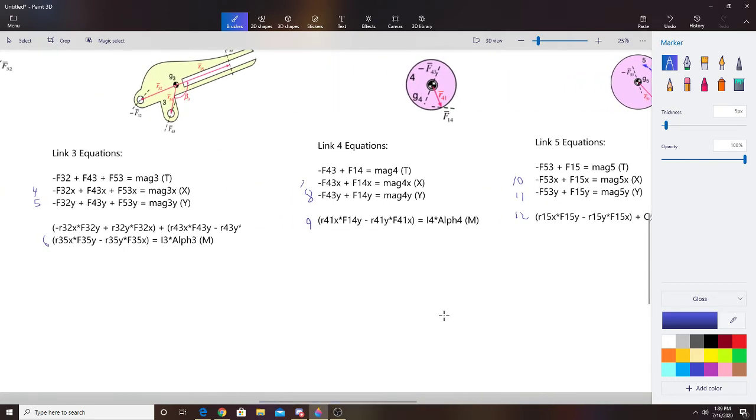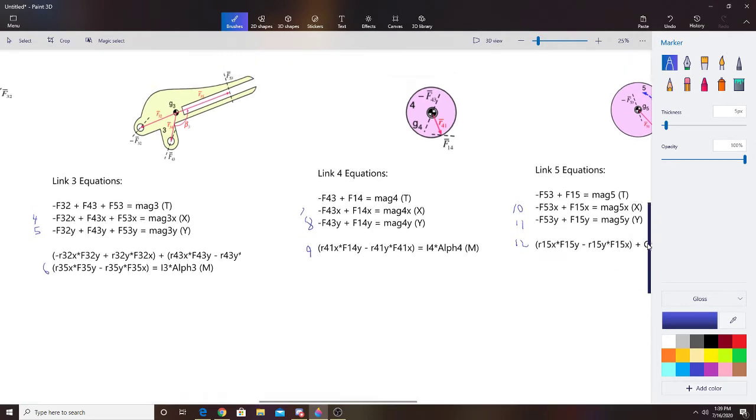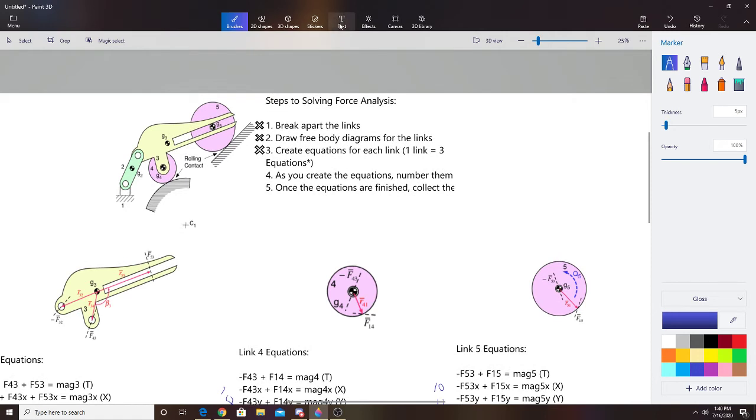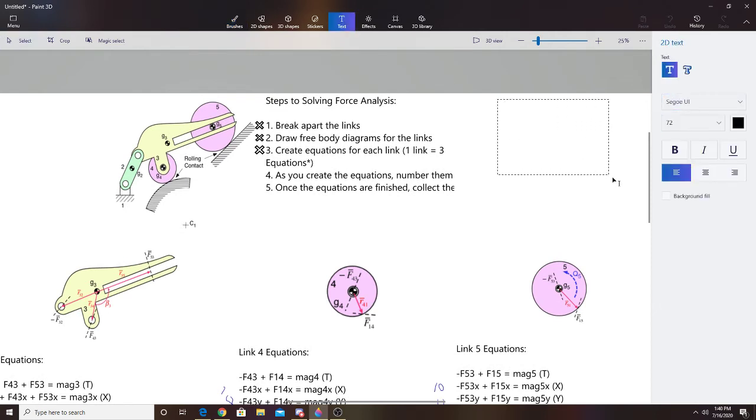All right. So now we have to count the number of unknowns we have. So I'm going to do that in the upper right corner up here. So this is unknowns. So we have f12x, f12y, f23x, f23y, f34x, f34y.